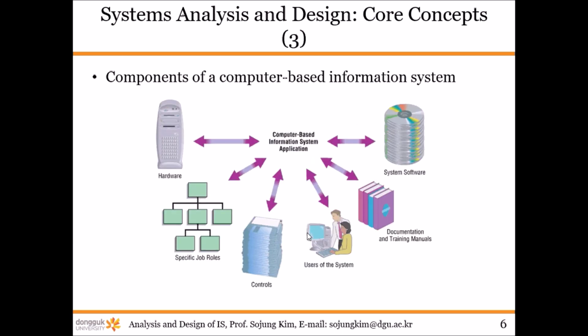Got it? All right, and these are the components of the computer-based information system. Usually we use a computer, right? So when I say system, I'm referring to this computer-based information system. And of course, in this system, we need to have a computer, in other words, hardware, right?